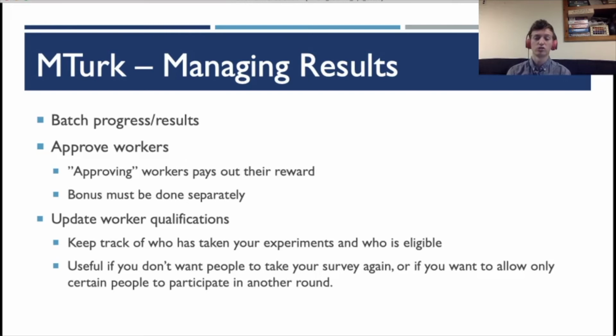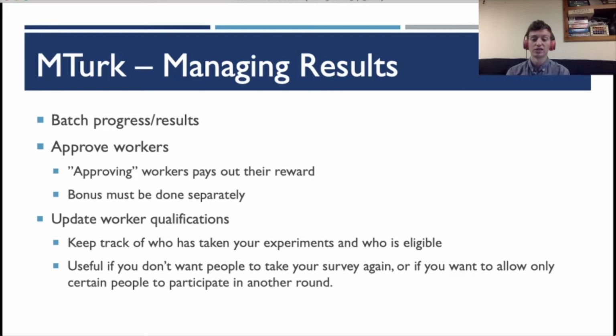So for example, the two things that I usually help researchers with: one, create a worker qualification that lets you label people once they've taken your survey so that they can't take it again if you don't want them to, and two, create a worker qualification if you want to make only repeat responses allowed, right?